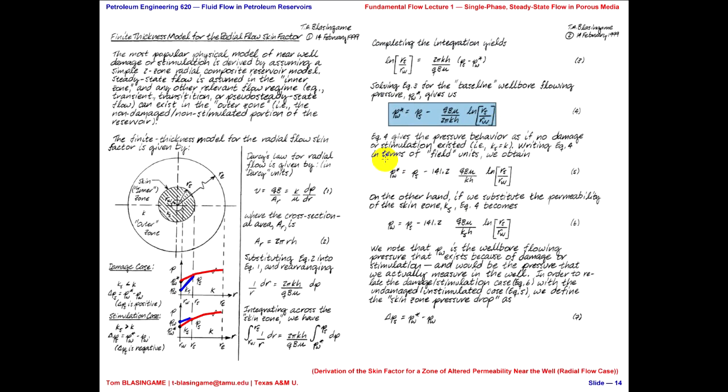And when we sum these up, we have the actual pressure and the pressure at S here. And that's going to be 141.2, which is that number we derived, the reciprocal of 0.007808, QB mu over Ks times H, natural log of Rs over Rw.